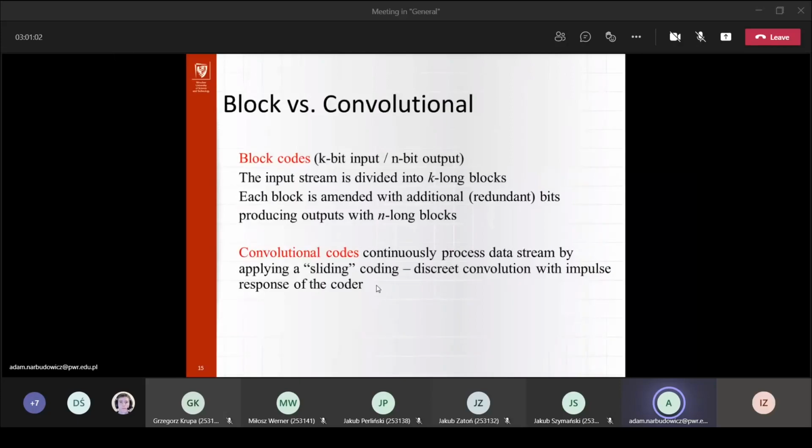Those codes apply the convolution operation between the data stream and the transfer function of the code that we are concerned with. So the information is not treated as a separate block, but rather in certain amounts, like a moving or sliding window. And of course, it's discrete signals, so we're talking about discrete convolution.